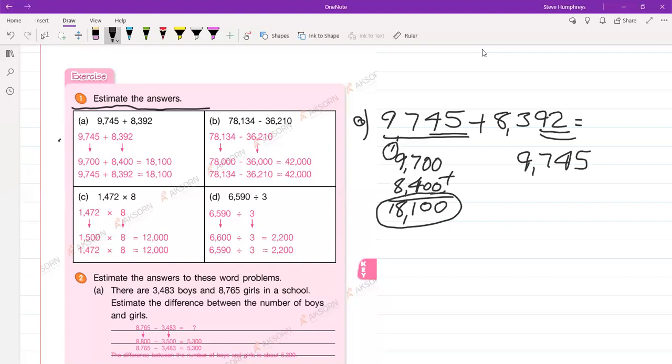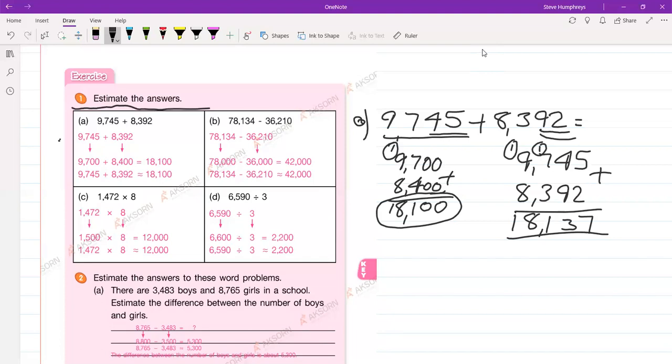9,745 plus 8,392. Add them together, you get the actual answer. 8, 11, 1, 10, and 8, 18. 18,137 is the actual answer.